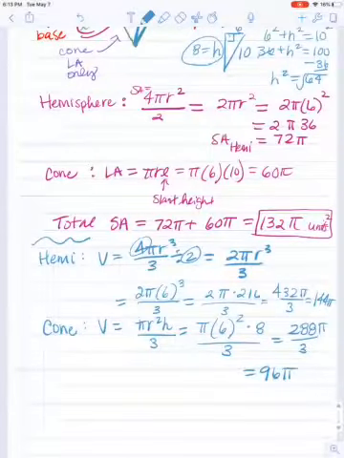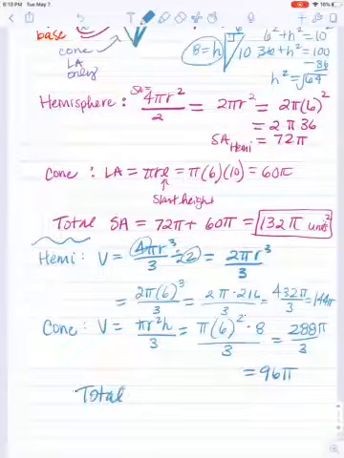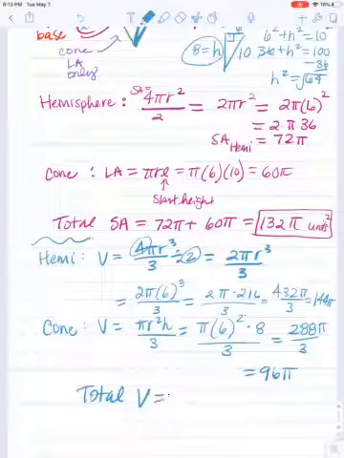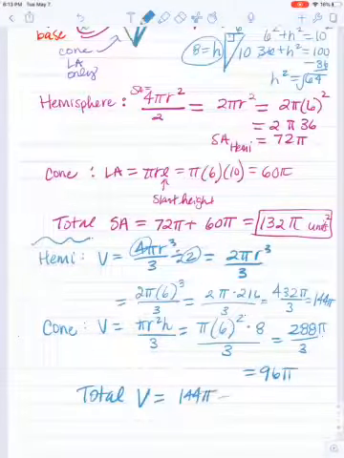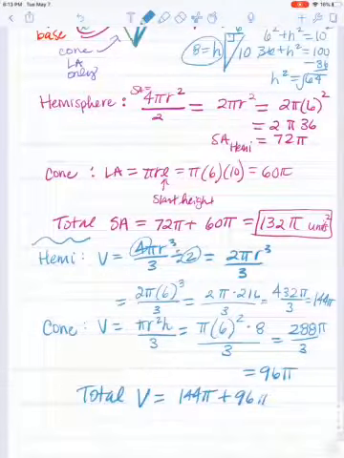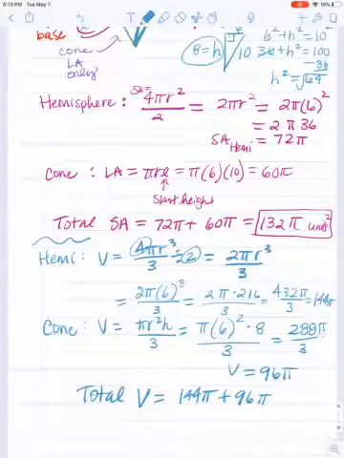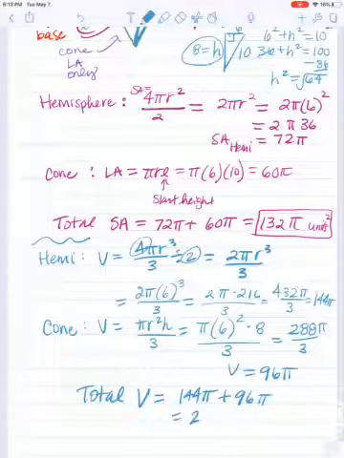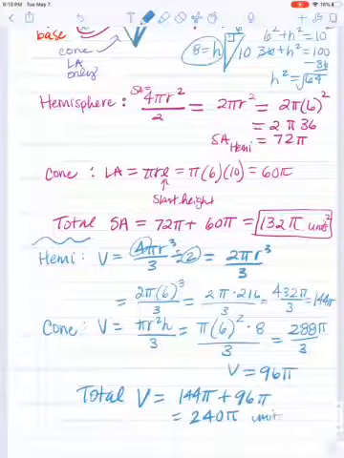So the total volume of the composite figure is 144 pi for the hemisphere plus 96 pi for the cone, and my total is 240 pi units cubed.